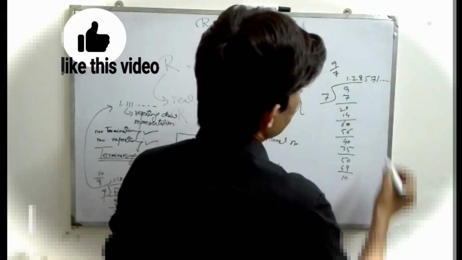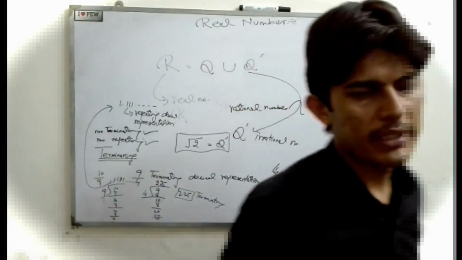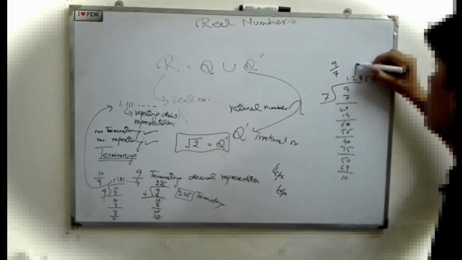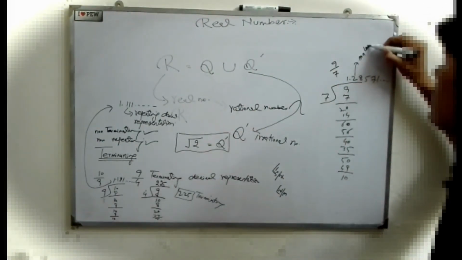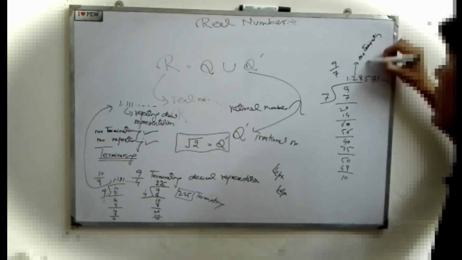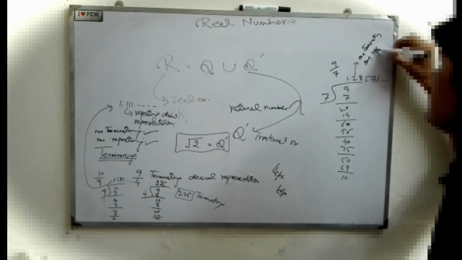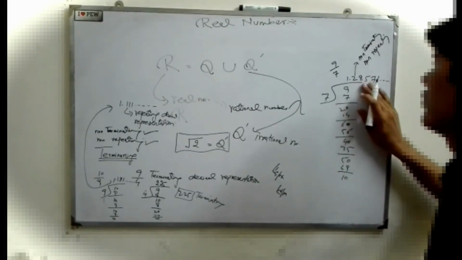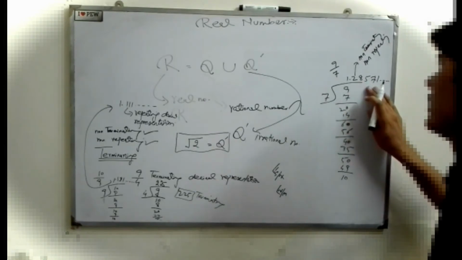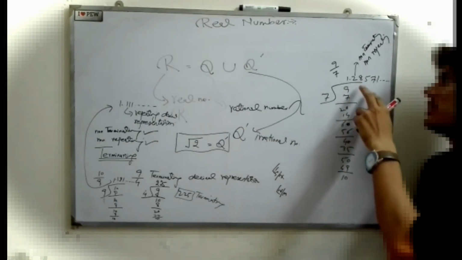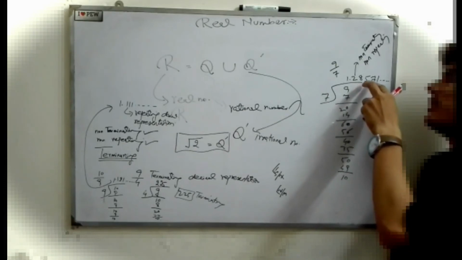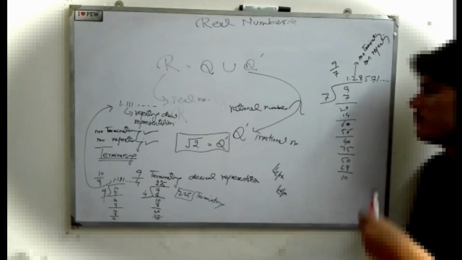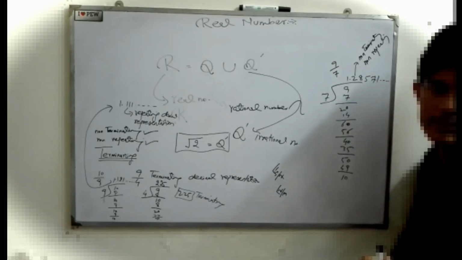It will continue up to infinity and will never terminate. So such a number is known as non-terminating and also non-repeating, because no digit is repeated up to infinity. Every digit after the previous digit is different. So that's why such a decimal number is an irrational number.